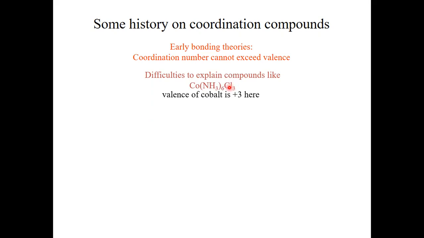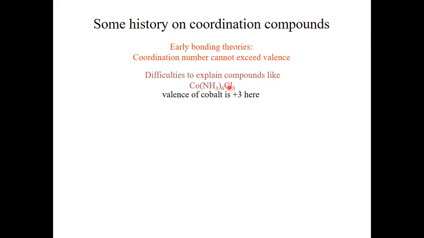According to what was accepted at the time, the cobalt could make only 3 bonds. So how can we have 3 chlorines and 6 units of ammonia in that molecule when we only have the possibility to make 3 bonds?